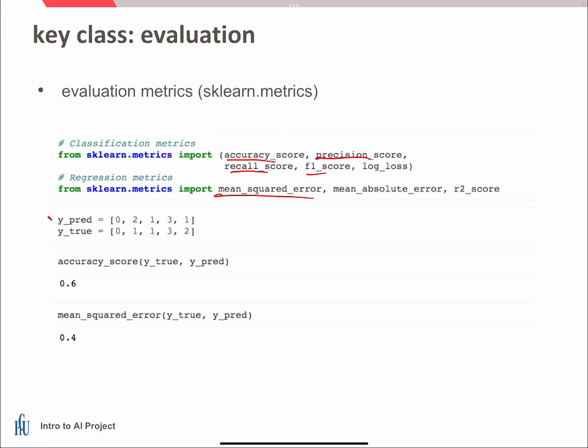Given these two vectors or two lists, this one is the output of the model, and this one is the true labels. Given these two lists, we can calculate the accuracy of this prediction, or we can calculate the mean squared error between these two.